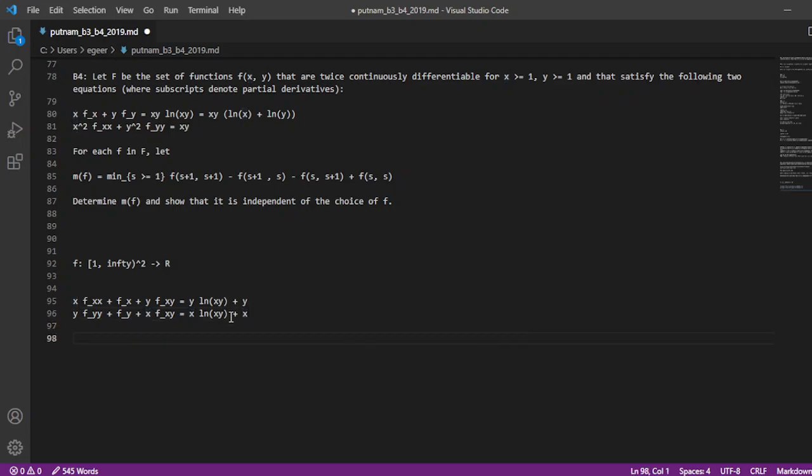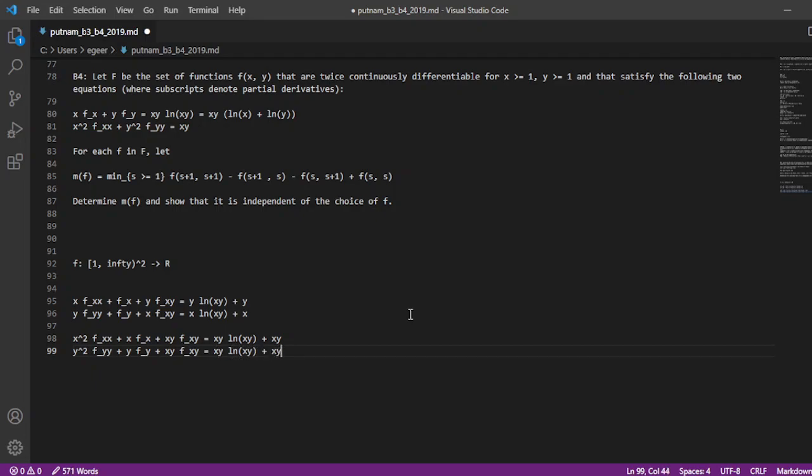So then we multiply this by x and this by y. x squared fxx plus fx plus xy fxy equals, and then multiply this by y, and we're going to get two things that are equal, right? Plus yfy plus xy fxy plus xy and xy.